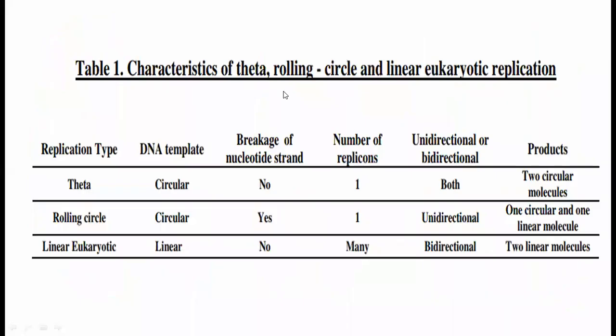Now you just see the characteristics of all the three. In theta, do you have a DNA template? Yes, it is a circular DNA template. We have a circular DNA template in rolling cycle as well. And in case of eukaryotes, the DNA template is linear in structure. Linear means in a straight line. Now in theta, do you really think there's a breakage of the nucleotide strand?